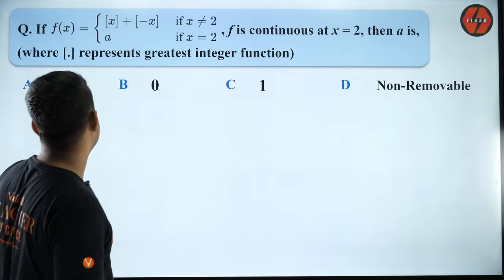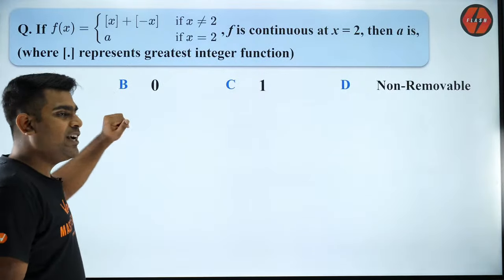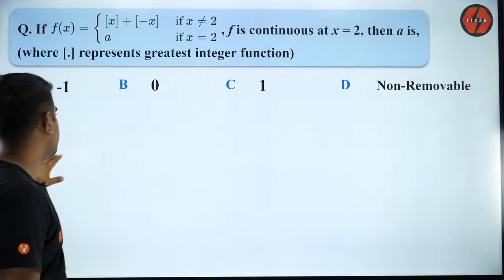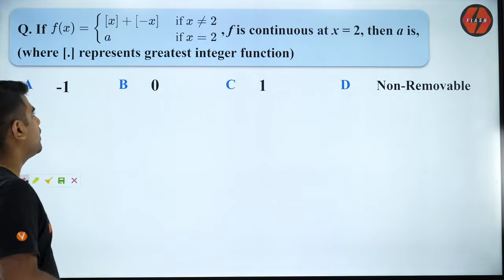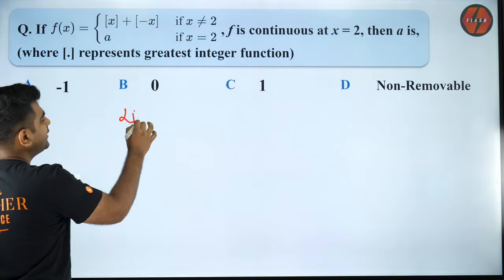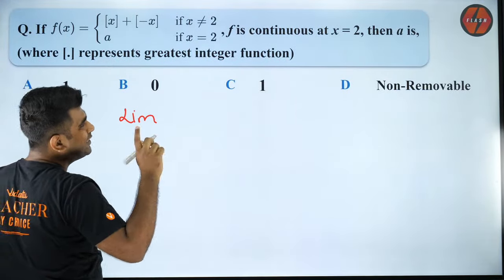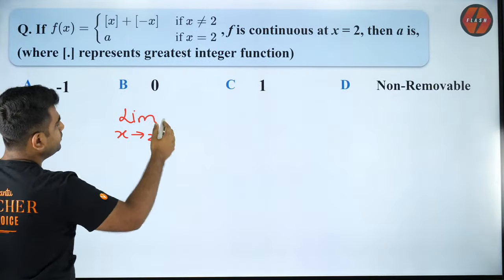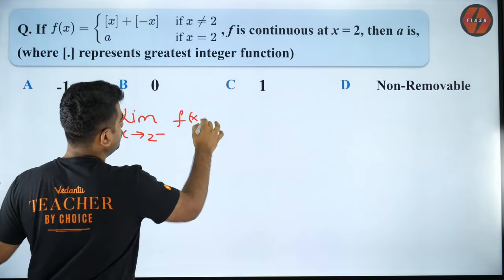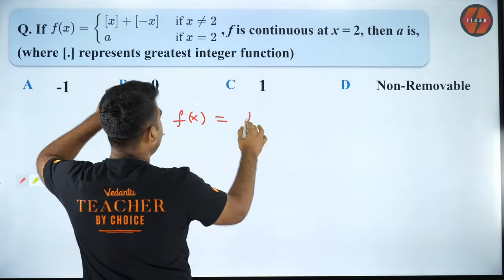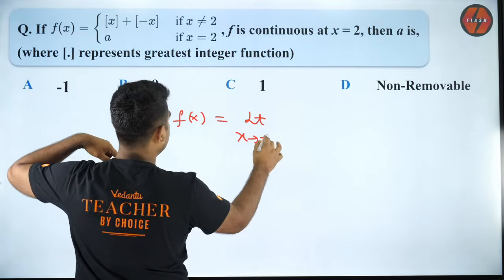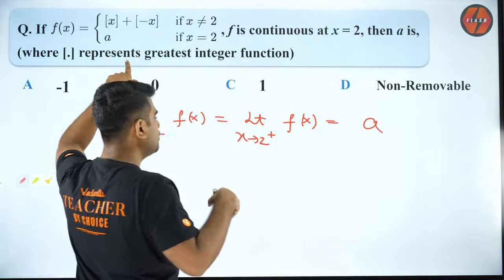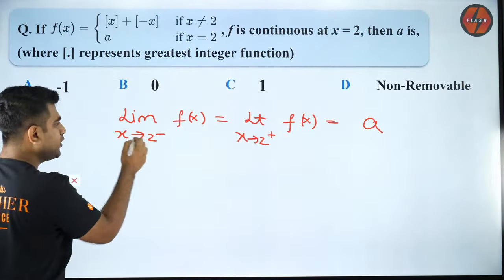So what do we have over here? We have f of x equal to GIF of x plus GIF of minus x. Let me do it slowly because this is a good question. So let's listen carefully. I will say limit x tending to 2 minus of f of x should be equal to limit x tending to 2 plus of f of x, which should be equal to a, which is f of 2. Now what is limit x tending to 2 minus?